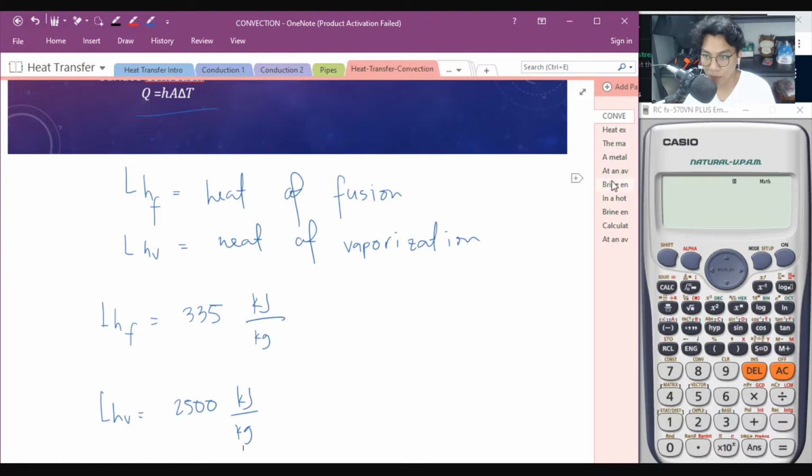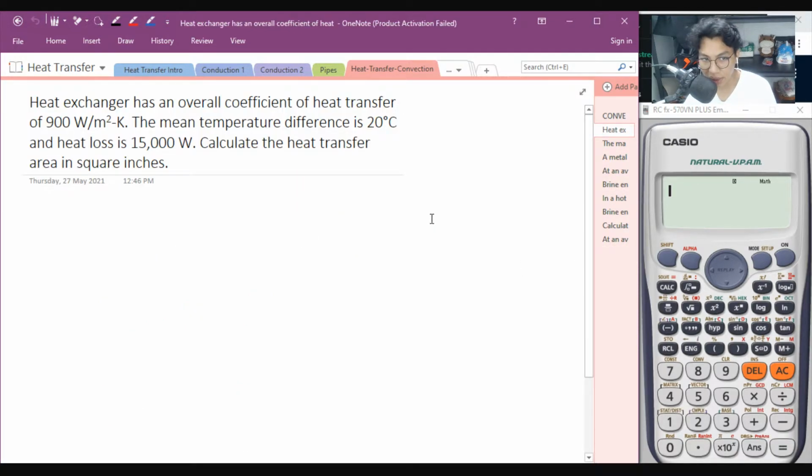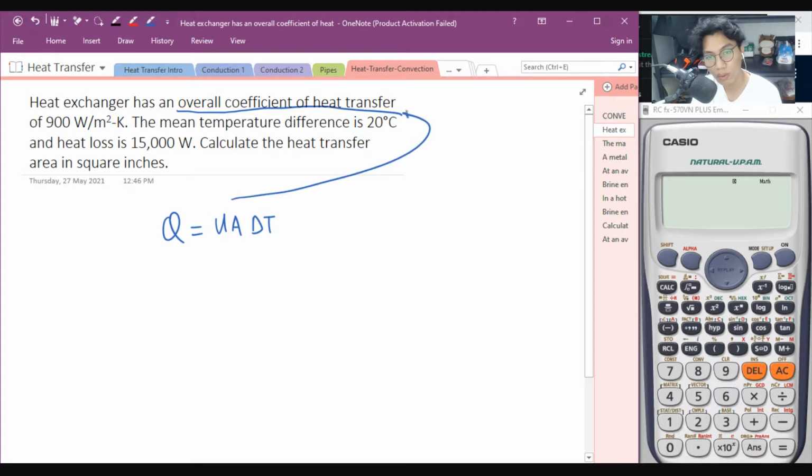So, I have here 4 problems. Tapusin natin sila sa isang pasada. So, this is problem number 1. So, problem number 1, sabi dyan, a heat exchanger has an overall coefficient of heat transfer. So, overall coefficient of heat transfer coming from this one, Q is equal to UAΔT, where U is the overall convective coefficient of heat transfer.